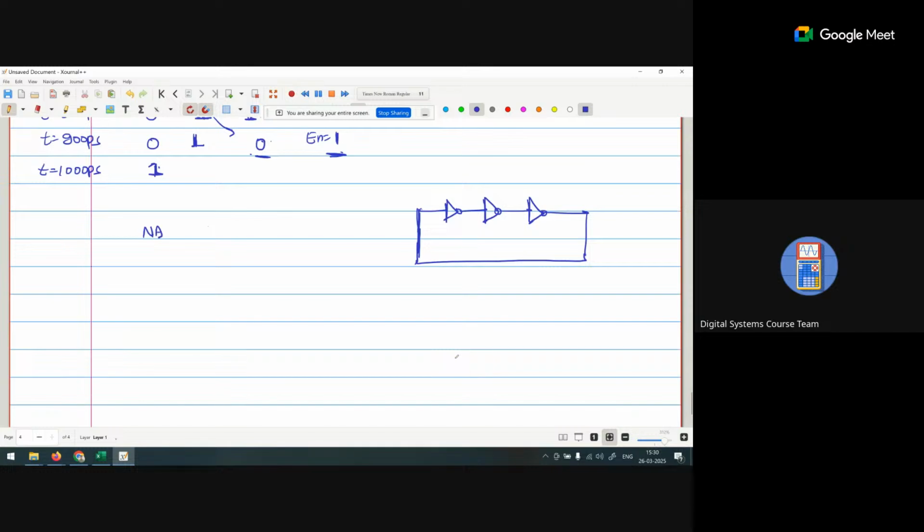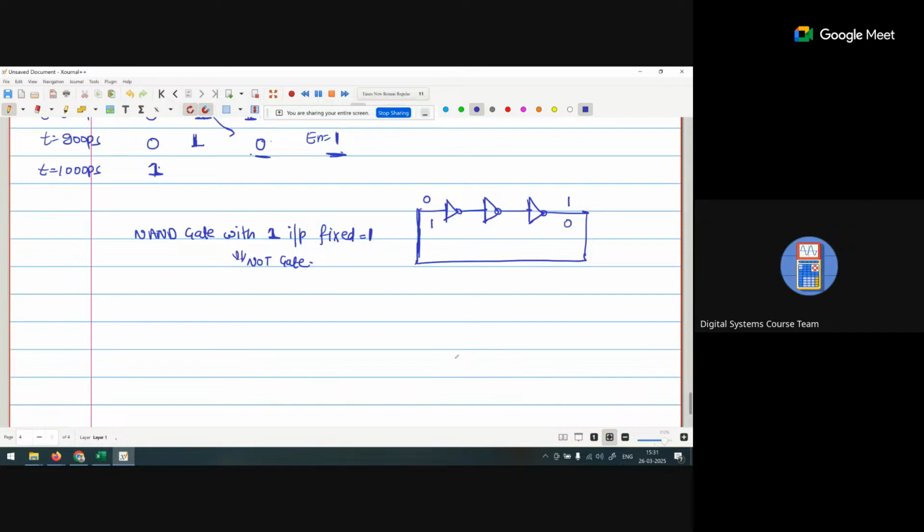A NAND gate with one input fixed as a 1 behaves as a NOT gate. So the circuit is simply going on. If we provide 0 here, we get a 1. If this one is 1, we get a 0.